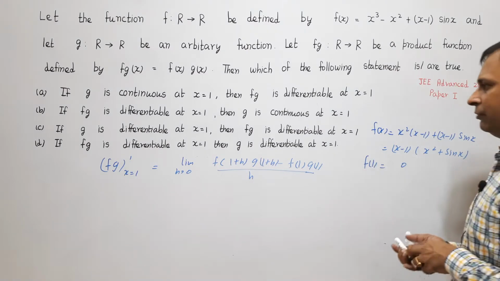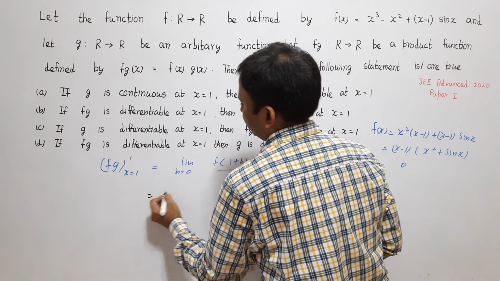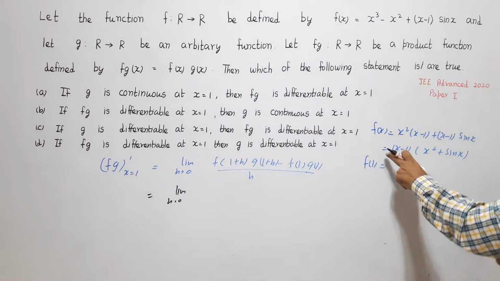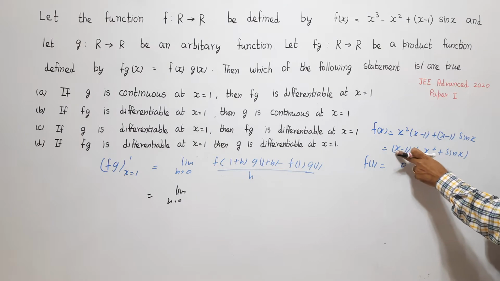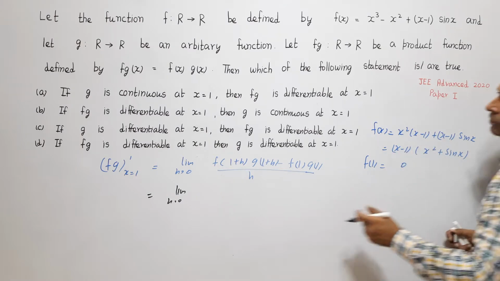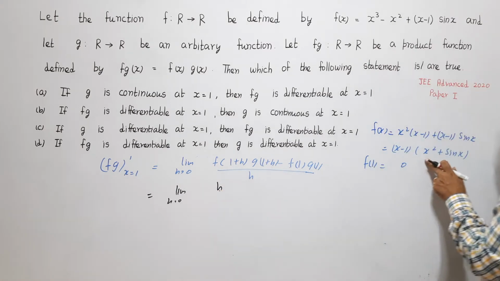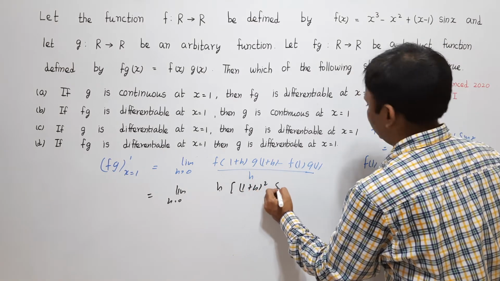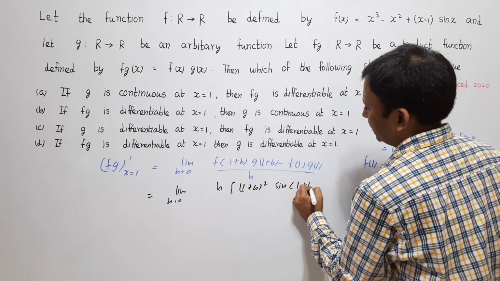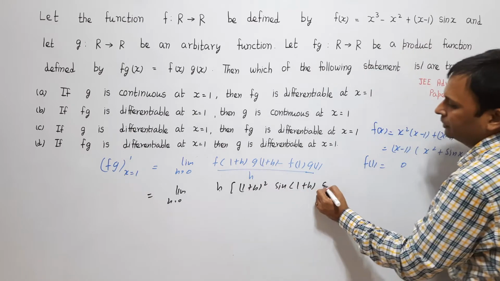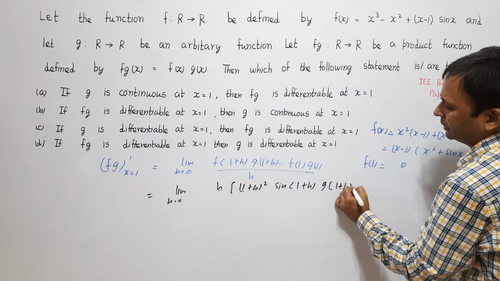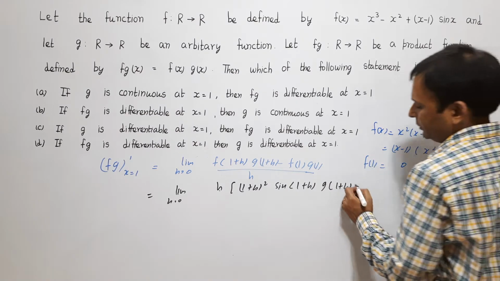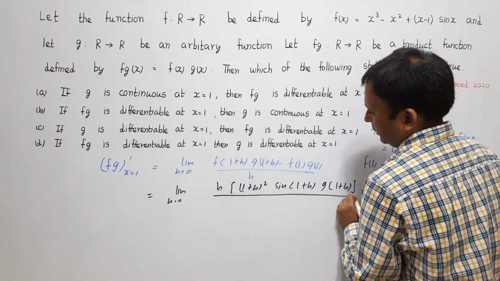Now what is f of 1 plus h? This is our f of x, so 1 plus h means 1 plus h minus 1. So this part becomes equal to h multiplied by 1 plus h whole square plus sine of 1 plus h, multiplied by g of 1 plus h, minus f of 1 into g of 1, and f of 1 is 0, so this whole thing becomes 0, which I need not write.